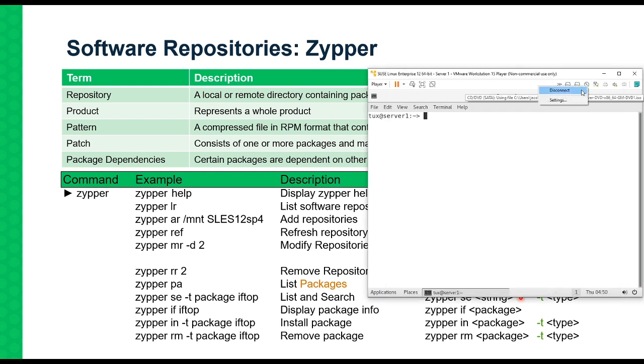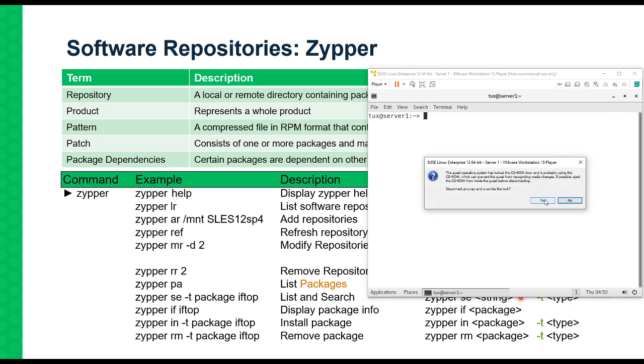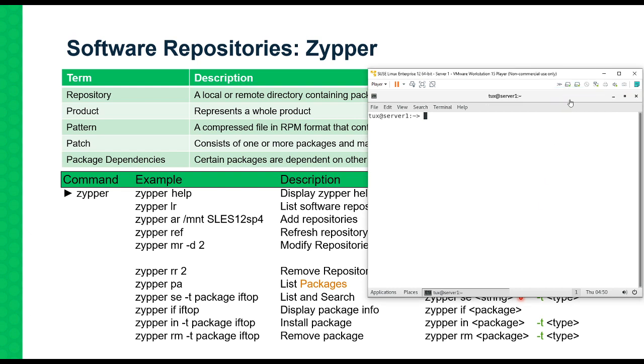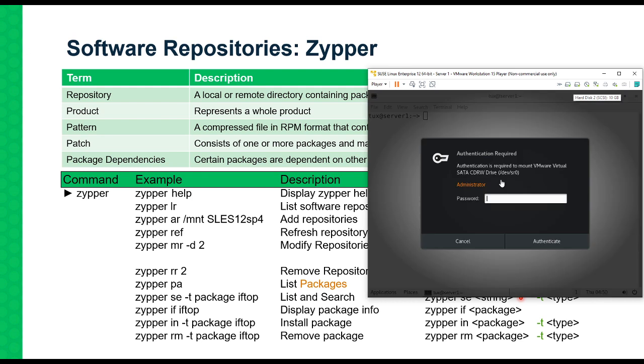Right click on it and you need to connect it. I'm just going to disconnect mine to show you, and then reconnect mine. And then once it pops up, it will ask you to authenticate it. You can authenticate it, which is good, but I want to show you another method to add our repositories.